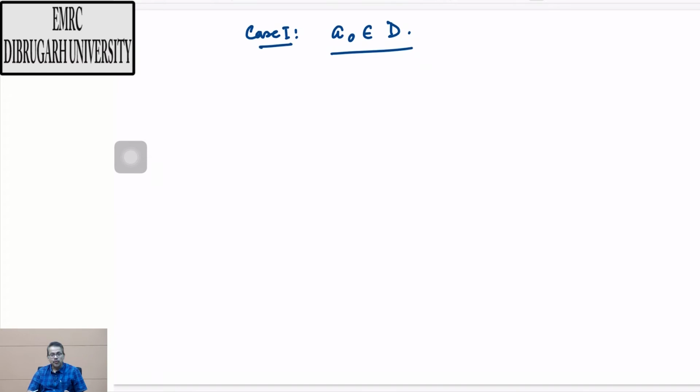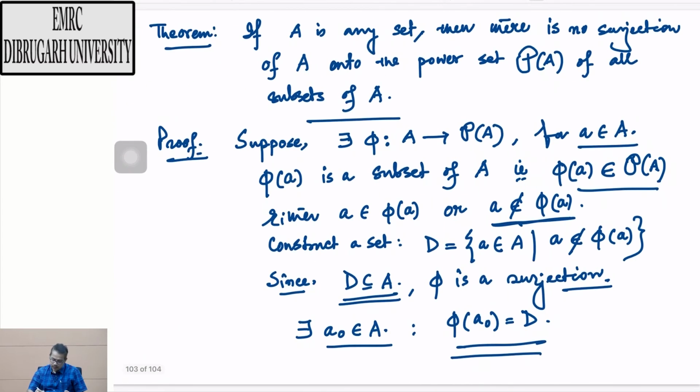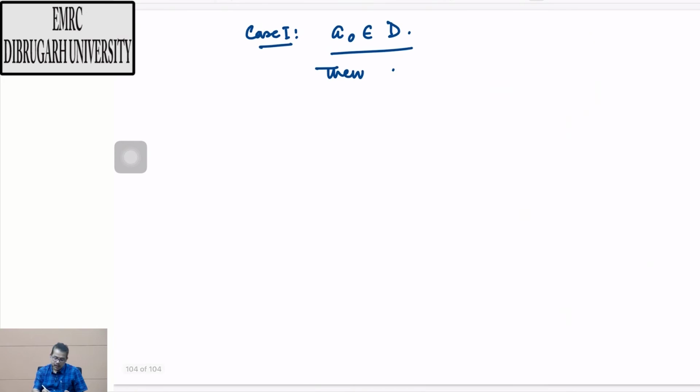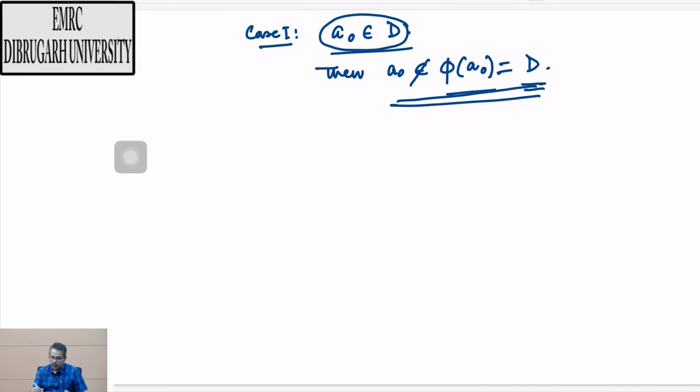Suppose a naught belongs to D, then by the construction of D, a naught does not belong to phi of a naught, which is already given to be D. We have shown that a naught belonging to D implies a naught does not belong to D, which is a contradiction.